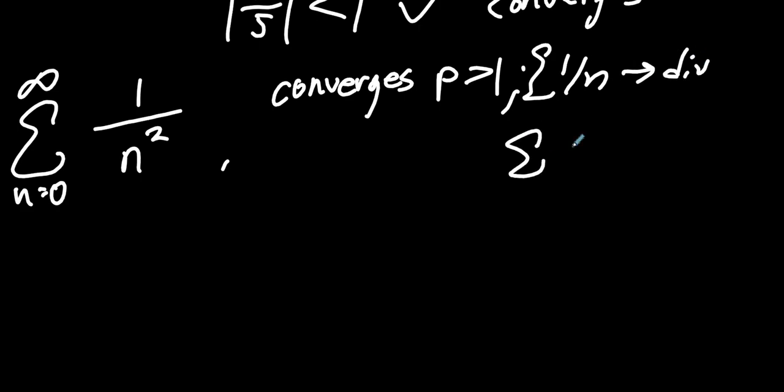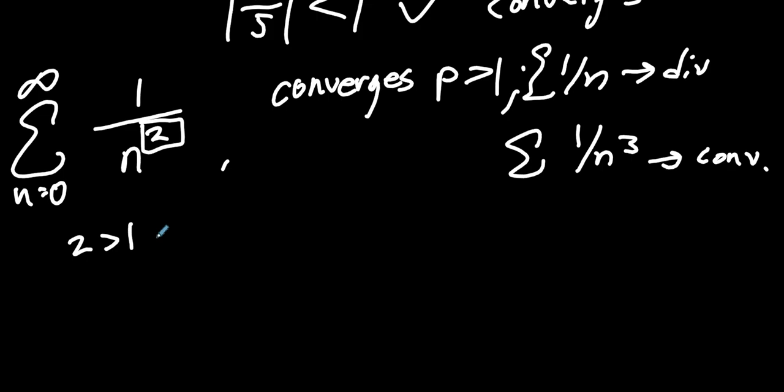But if we had something like 1 over n to the third, then it would be convergent. So for this particular example, this number right here, p, that we're talking about, is just the power that's on the bottom. So since 2 is greater than 1, then we know that the series converges. Okay, so very, very simple type of thing.